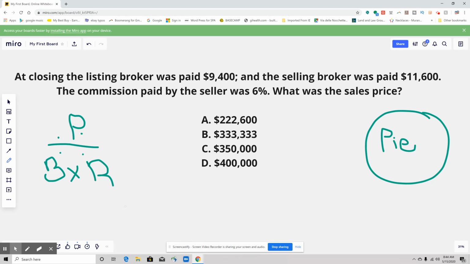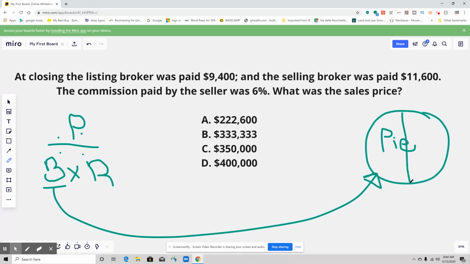Now, let's identify. People also have a problem understanding what each thing is and identifying it. The base is the whole entire thing. When we're looking at a pie, that is the entire pie. The base is the entire pie. I'm a fat kid, so this is my part of the pie.